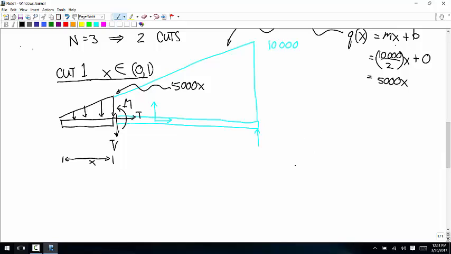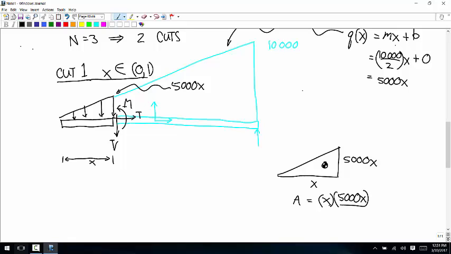So I'll draw this triangle. It has a width of x and a height of 5,000x. The centroid is here. The area of that triangle is x times 5,000x divided by 2, so 2,500x squared.